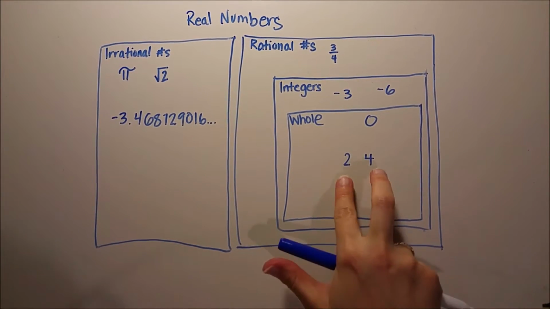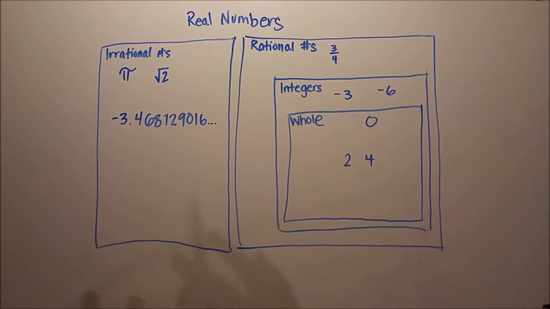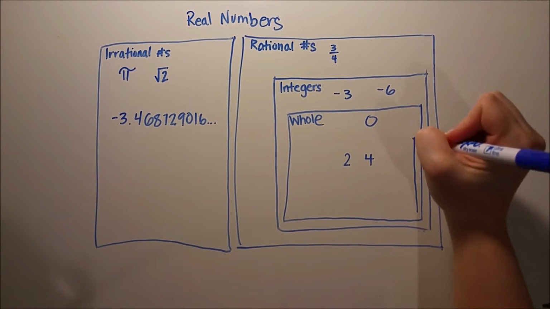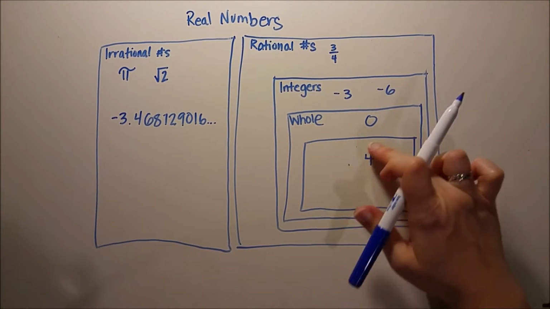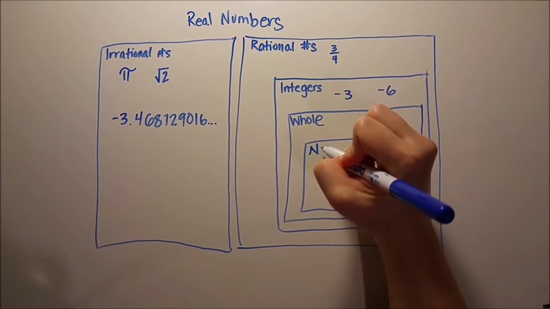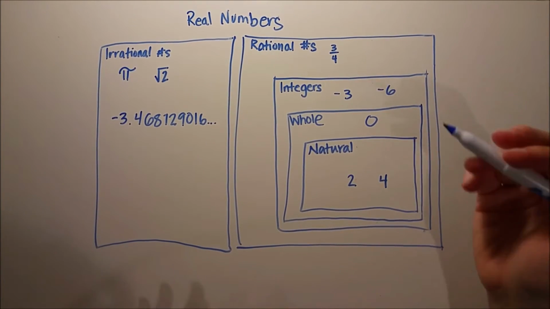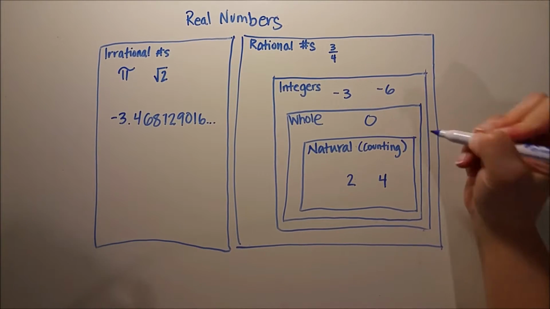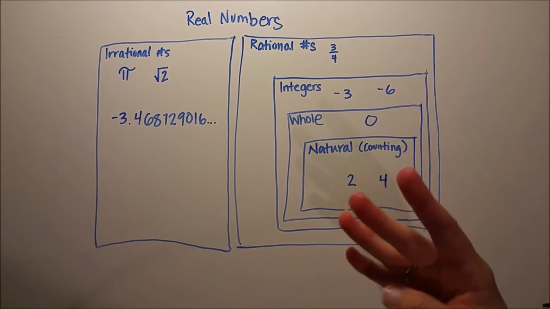All right, now this 2 and the 4 here, those are whole numbers, but they also belong in a further specialized subgroup. So let's draw another box in here. Okay, let me move those a little bit. These are your natural numbers. Some people call this group the counting numbers. So what numbers do you use to count? 1, 2, 3, 4, 5.